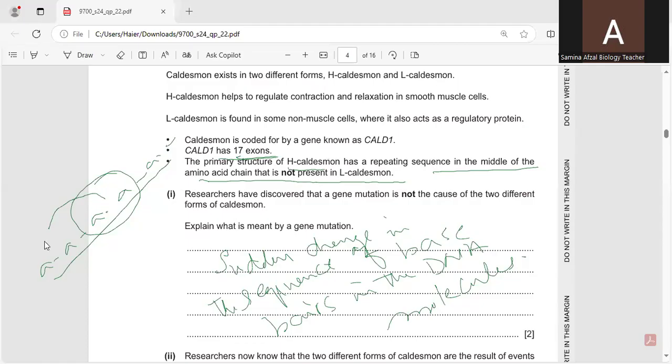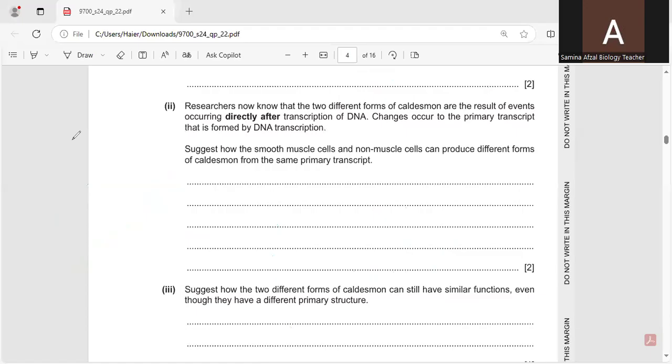Next question is there. Researchers now know that the two different forms of caldesmon are the result of events occurring directly after transcription of DNA. Changes occur to the primary transcript that is formed by DNA transcription. Suggest how smooth muscle cells and non-muscle cells can produce different forms of caldesmon from the same primary transcript. Okay.